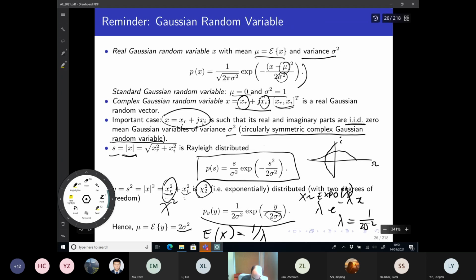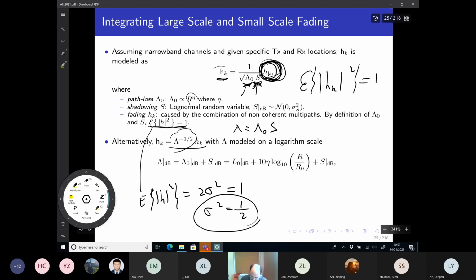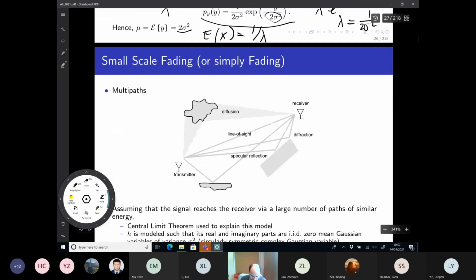So the expectation of H square, which is 2 sigma square, will be equal to 1. And I assume it's equal to 1 because on average, this fading does not increase the received power, right? So I'm going to play with normal random variables where the real part and the imaginary part have a variance of 1 over 2. That's what it means.